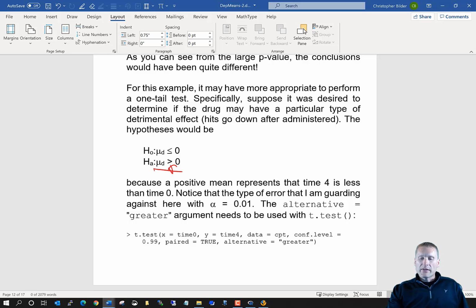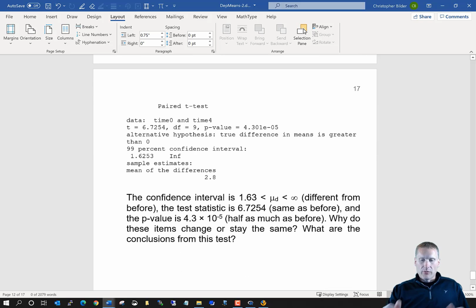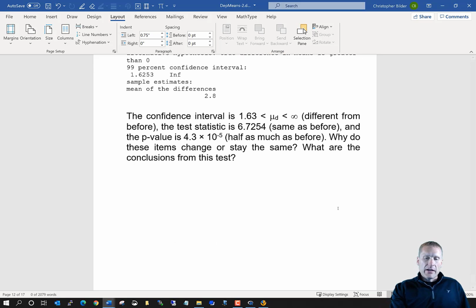To do this kind of hypothesis test, I can use the t.test function again with alternative equal to greater. And as you might expect, we get essentially the same conclusion. You can also see here's the corresponding one-sided confidence interval. Again, think back why I'm finding a lower limit for this particular problem, rather than an upper limit.